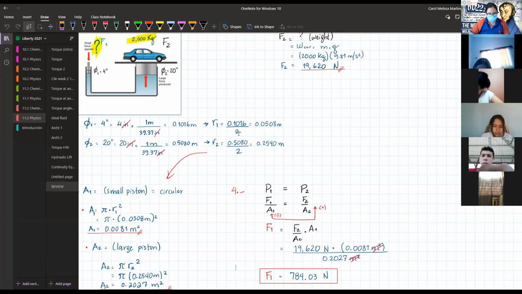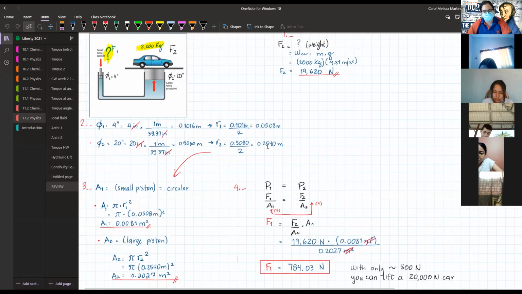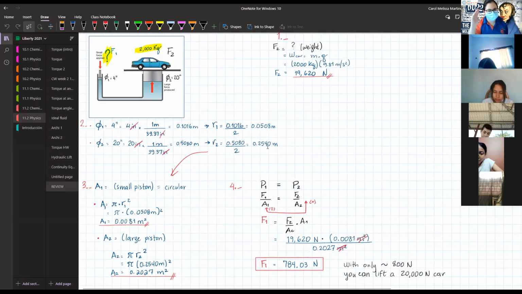So in other words, this means with only approximately 800 Newton, you can lift a 20,000 Newton car, okay? If it doesn't need to be precise, but just this is the purpose of it.